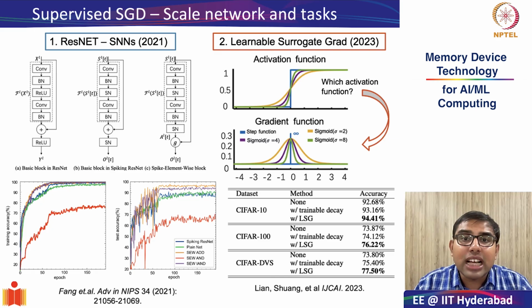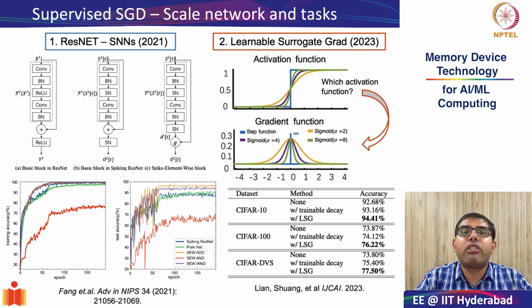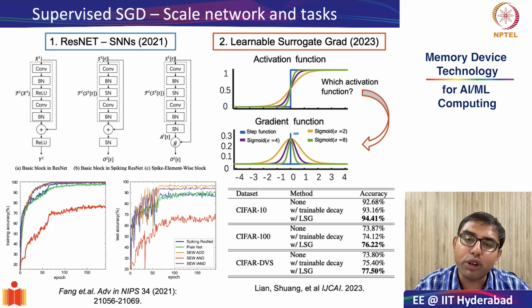As we had discussed, there is another technique of training which involves taking a trained deep neural network and converting it into a spiking neural network, but that we will leave for the next class.